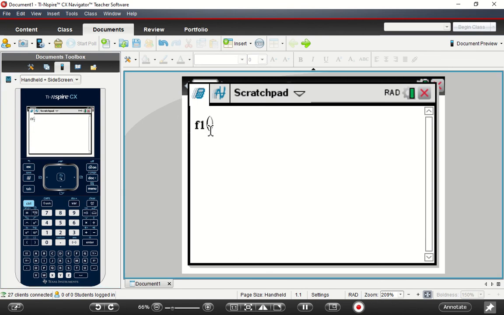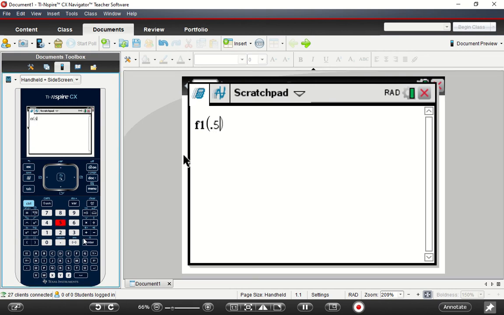So what number am I looking for? 0.5. Let's put in 0.5. Hit enter. Oh, that's convenient. The big deal about doing this is you have to put your function into the graph first, and then from here you tell it what you want.